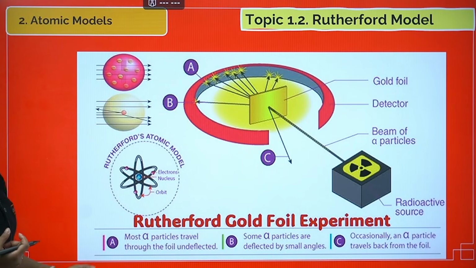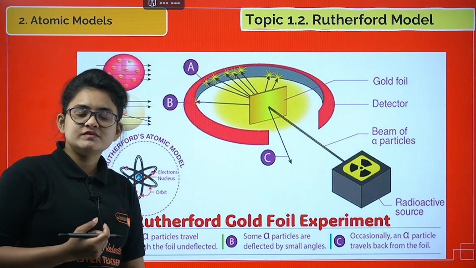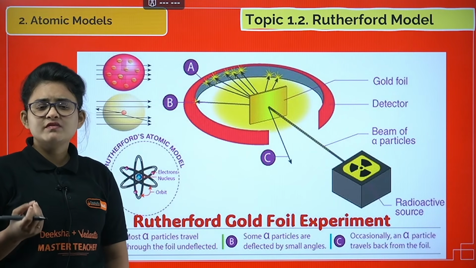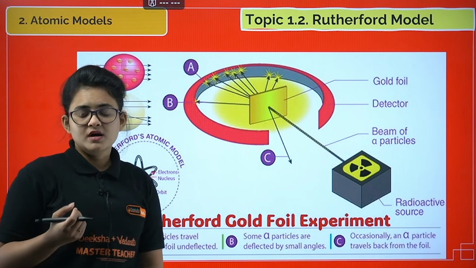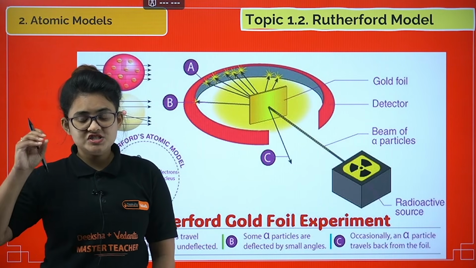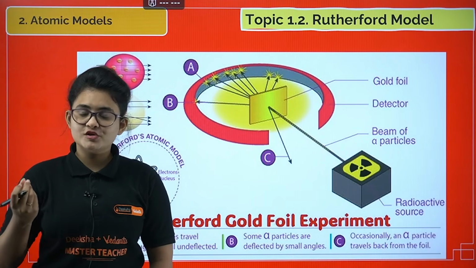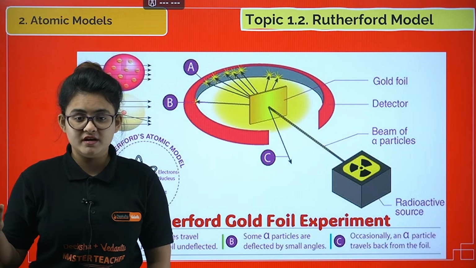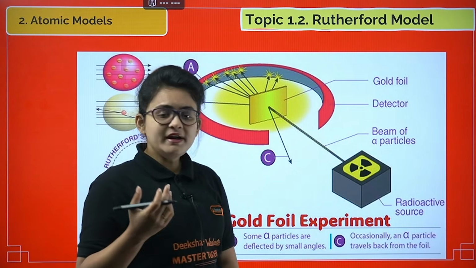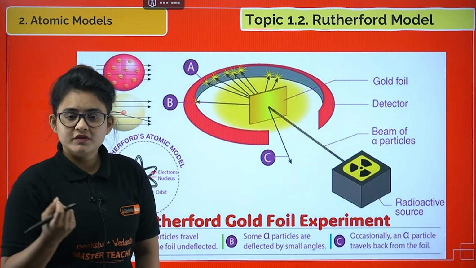Since most of the alpha particles went undeflected, it proves that most of the space inside an atom is empty. Some alpha particles underwent some deviation. It proves that there must be some region containing concentrated positive charge, and alpha particles, also being positive, get deviated. One alpha particle out of 20,000 comes back the way it went.